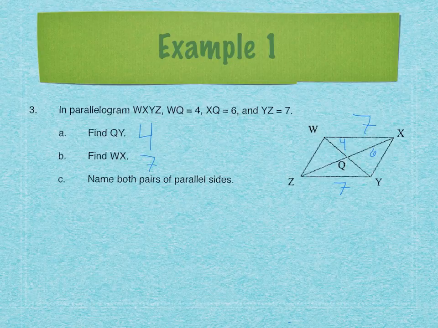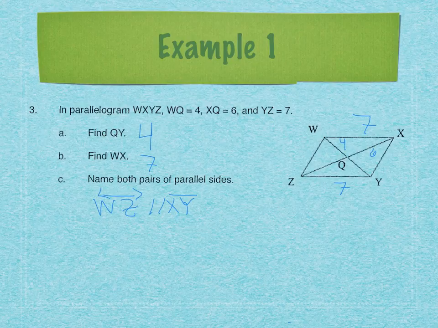Now we want to name both pairs of parallel sides. You can give me one pair, Asa. WZ and XY. WZ, that segment, is parallel to XY. So ignore those arrows.